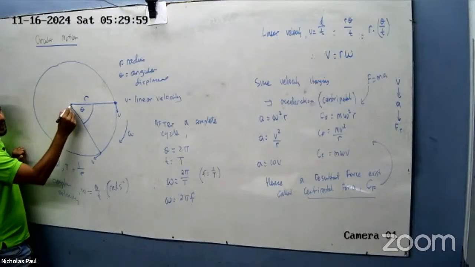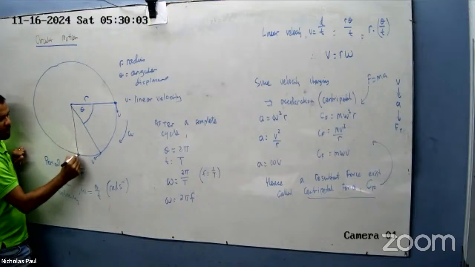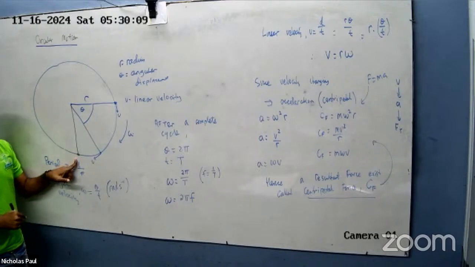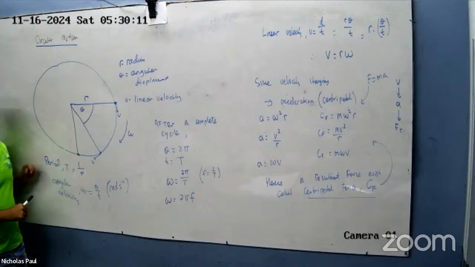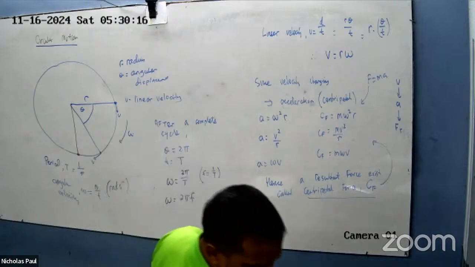So draw a diagram, right? Draw the string and draw the object at that particular point there. That's the lowest point on the circle, right? At the lowest point on your circle, I want you to draw the object.